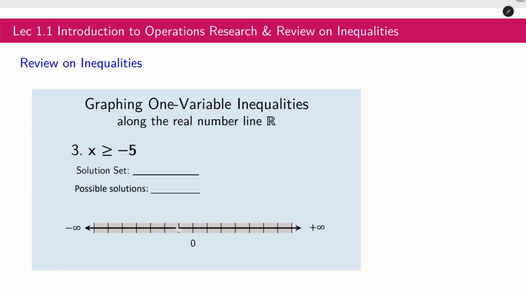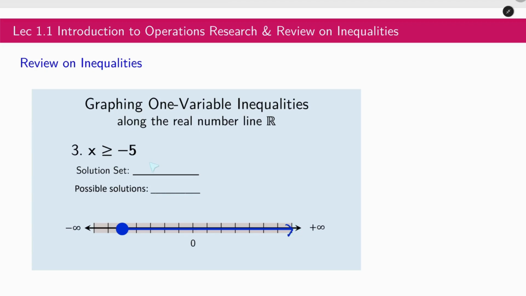-5, where are you? -1, 2, 3, 4, 5. Okay, take note that this one, x is greater than or equal to -5. So, meaning to say, kasama si -5, kaya yung circle na drawing natin dito will be a solid circle. Okay, after that, of course, yung arrow, ayan, okay?